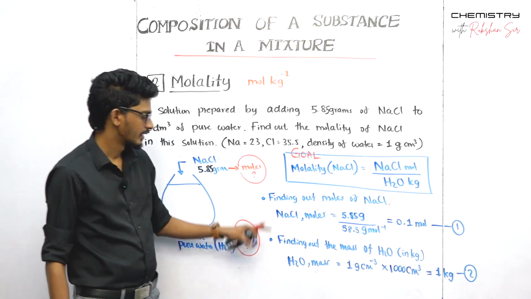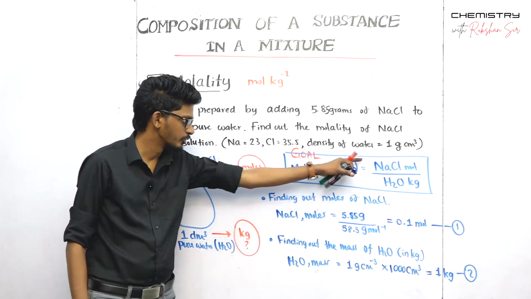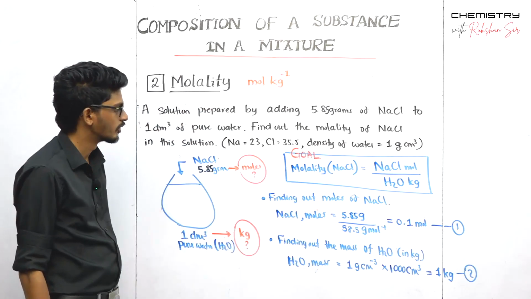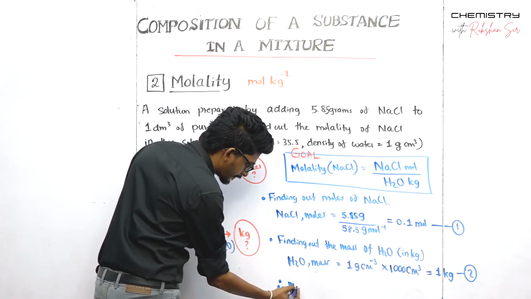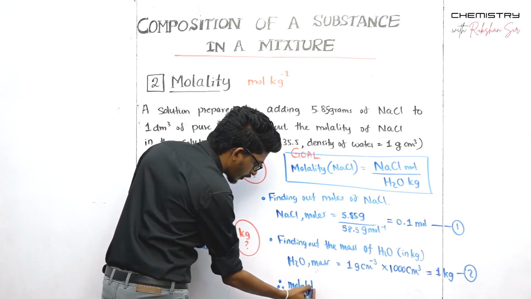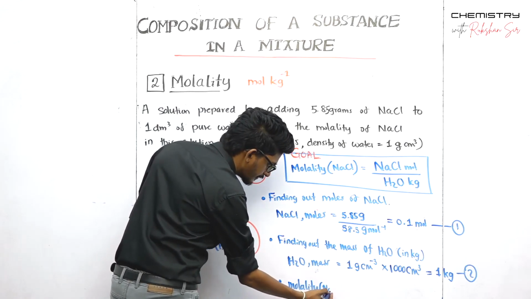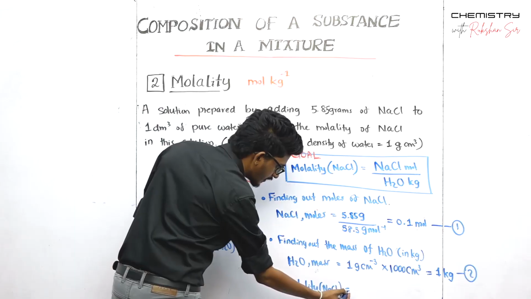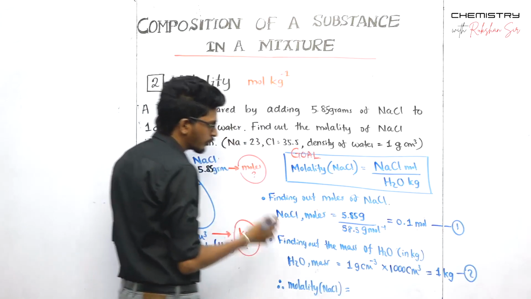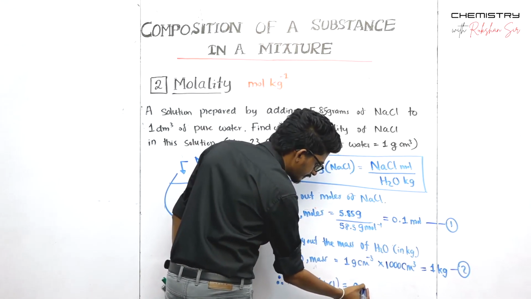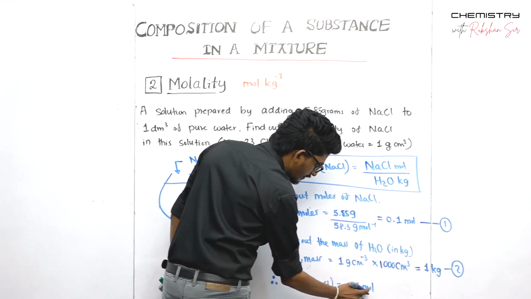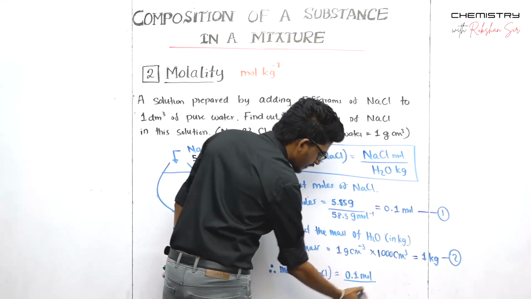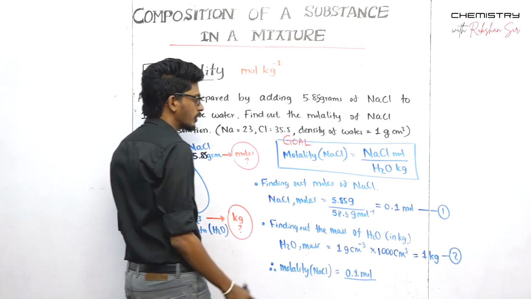So moles have been calculated, and the mass of H2O is also calculated, so that we can compute the molality of NaCl. Molality of NaCl is moles of NaCl divided by the mass of solvent in kilograms.